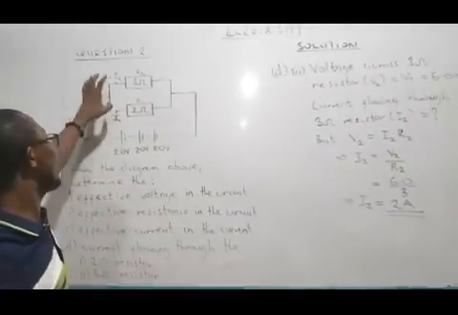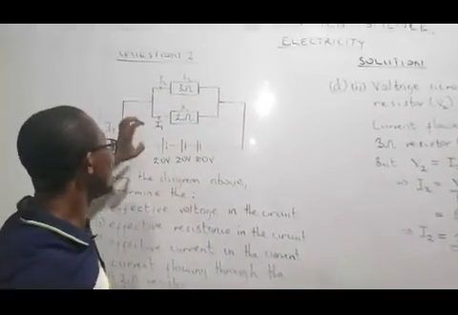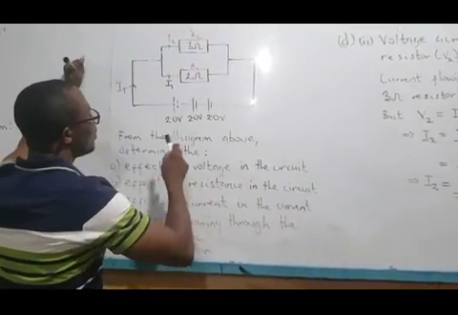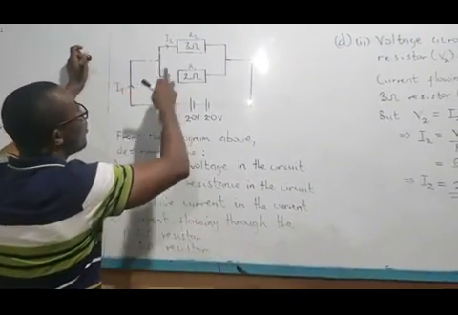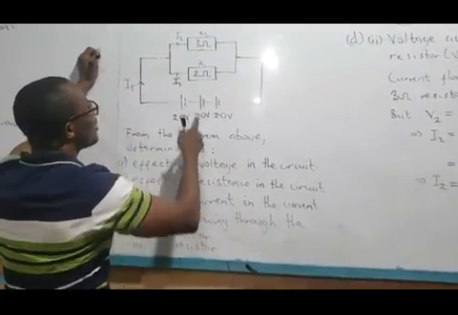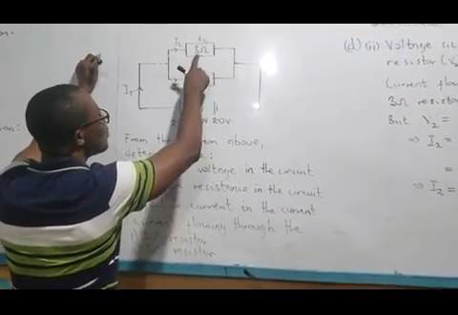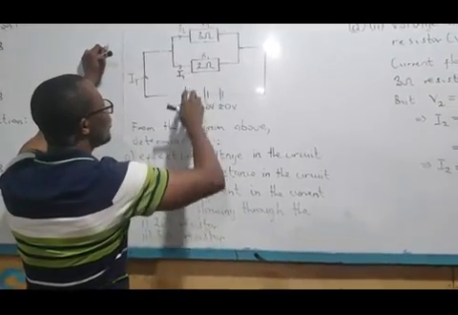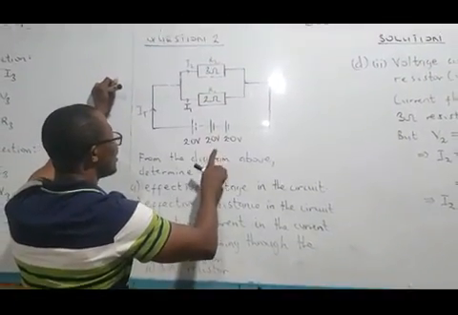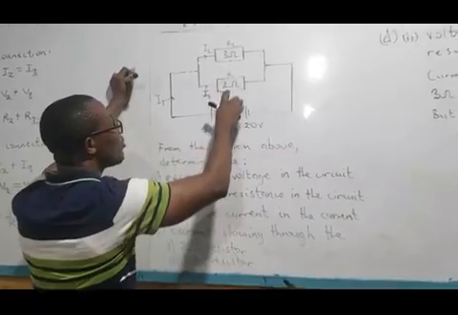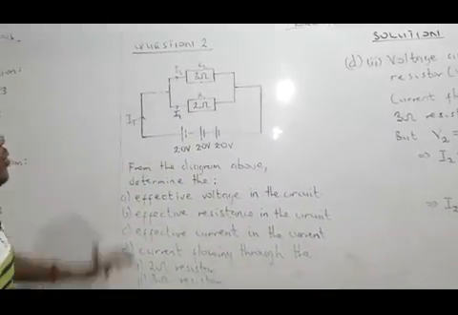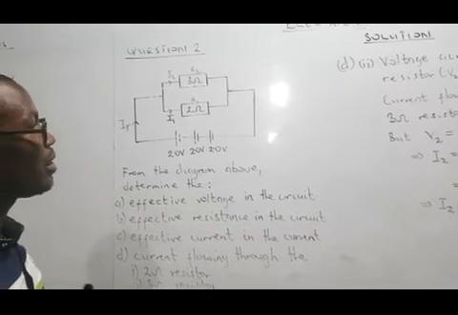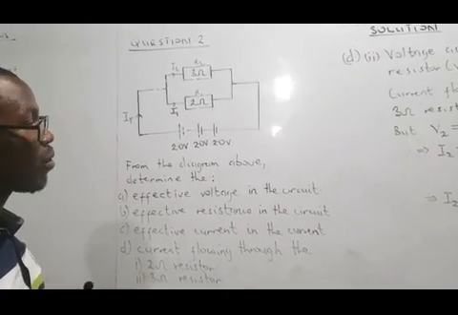As I said, for parallel connection, the total voltage is the same as the voltage across each resistor, and we have that total voltage to be 6. So if you want the current flowing through this resistor, you just divide the total voltage by this resistor. That is 6 over 3, and that will give you 2. Similarly, the current flowing here will be the total voltage, 6, divided by 2. That will be 6 over 2, which gives you 3. Please take note of how to determine current flowing through resistors connected in parallel.